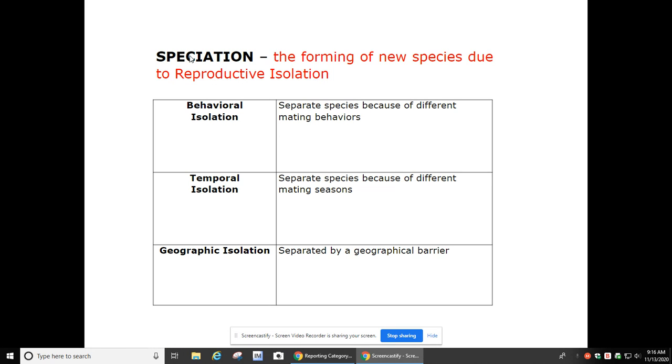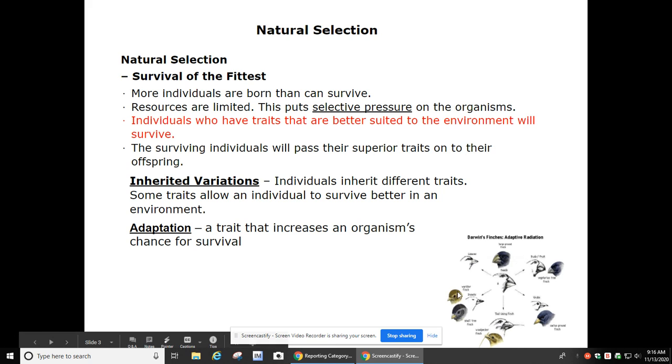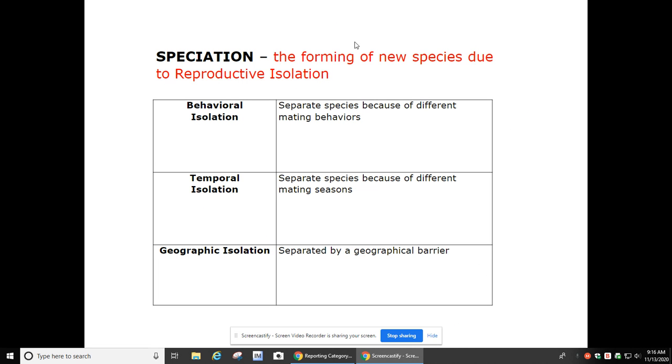So speciation is what I was just talking about when we looked at these birds and their beaks. Depending upon what they eat is going to dictate how they are going to evolve. That's what speciation is. Each one of those islands we talked about has the same species of bird, but there is some variation to them, right?